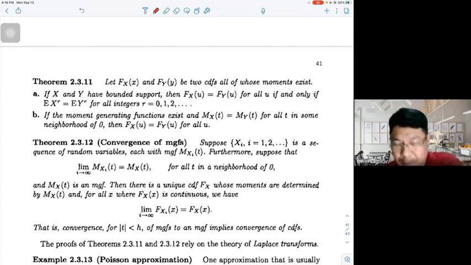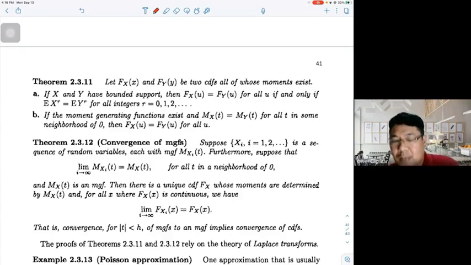Have bounded support, then the CDF of x evaluated at u is equal to the CDF of y evaluated at u for all u, if and only if the rth moment of x is equal to the rth moment of y for all integers r = 0, 1, 2, and so on. So we have a biconditional statement here.